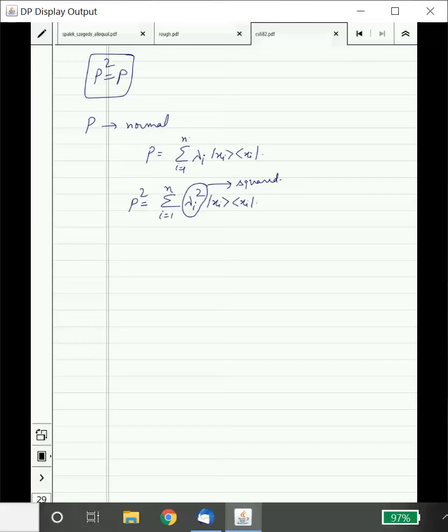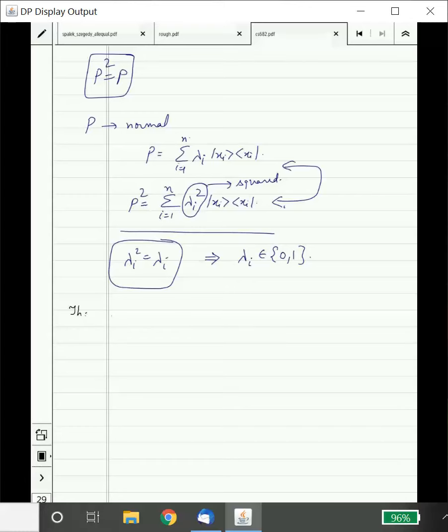And now if I know that these two quantities are the same, by uniqueness of spectral decomposition I will get that lambda_i square should be equal to lambda_i. This will imply that lambda_i is an element of {0, 1}. We get another characterization.